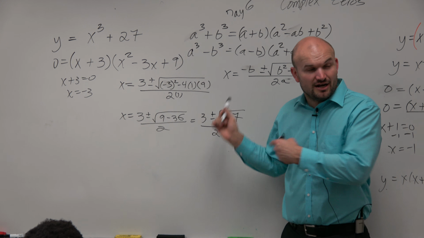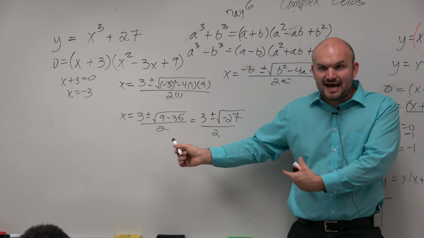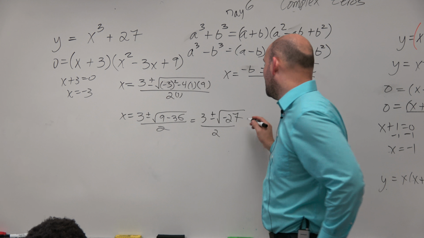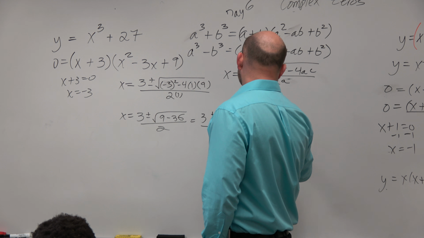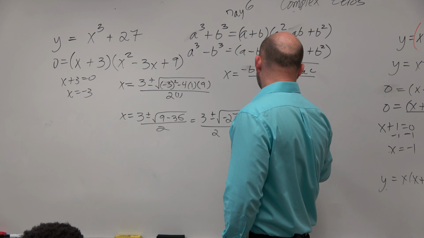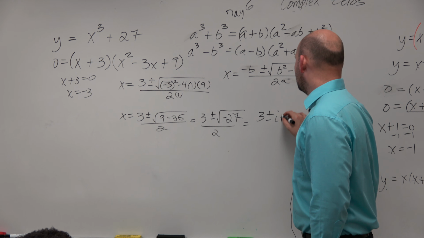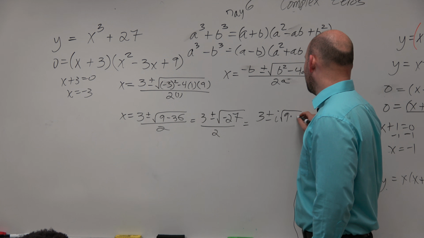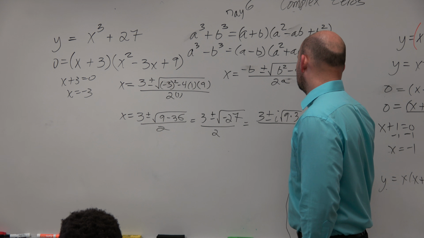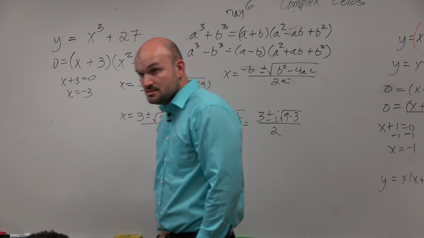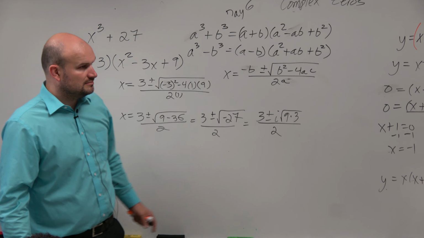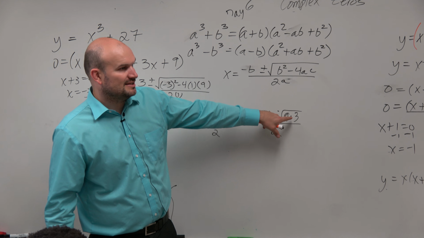Remember, guys, with the negative, I can automatically take it out and treat that as an i, right? And then I could also make this look like this: 3 plus or minus, let's do i. And then are you guys OK with me breaking up 27 as 9 times 3? There's nothing wrong with that, right? But that's helpful because now can I take the square root of 9?